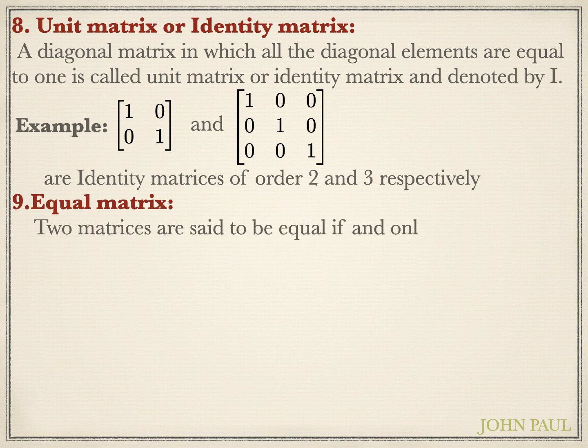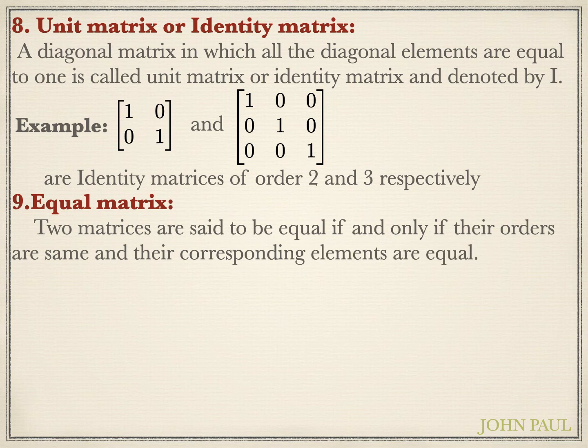Equal matrices. Two matrices are said to be equal if and only if their orders are the same and their corresponding elements are equal. Example, matrix A is given and matrix B is also given.